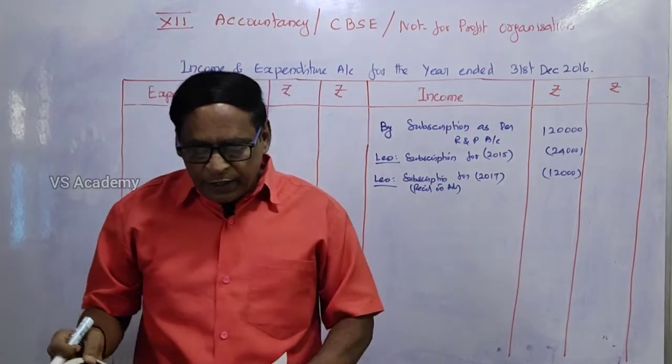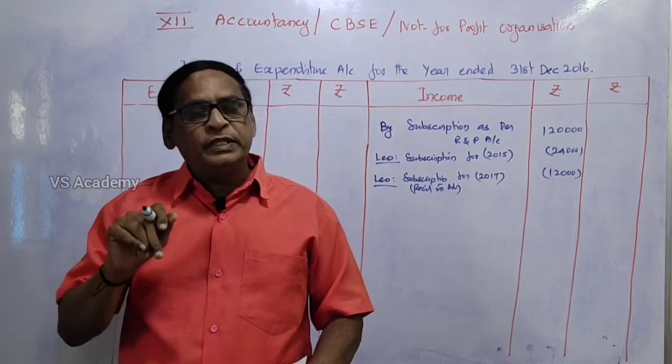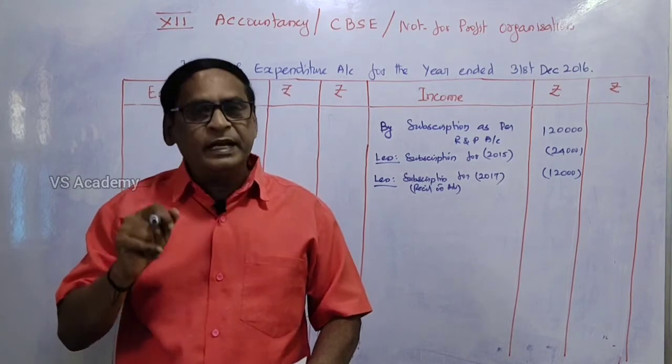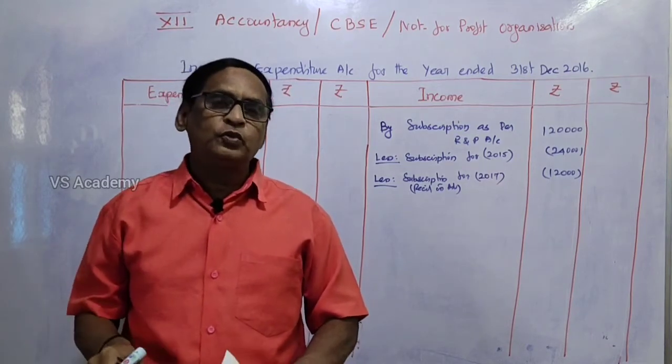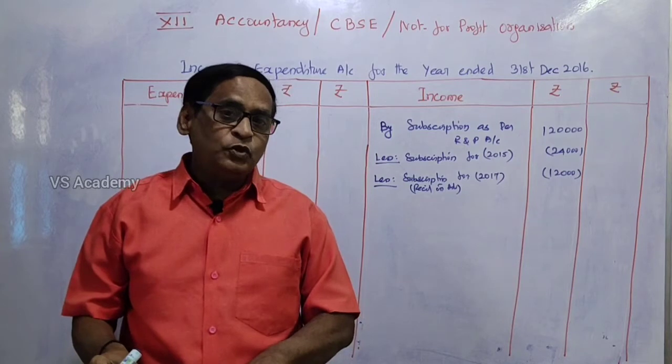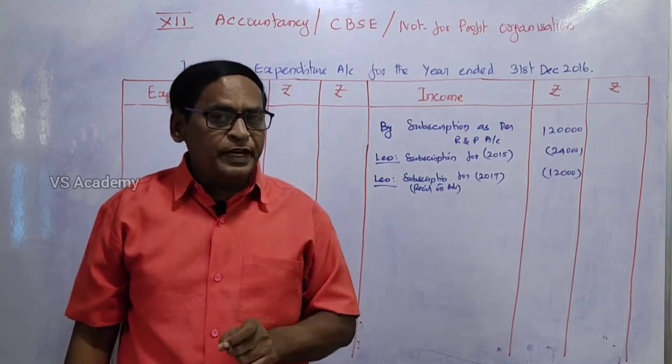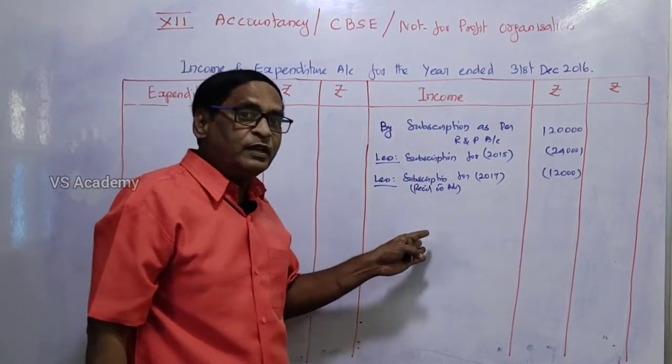And then one more item, subscription for 2016, for this current year, still in arrear, which is rupees 24,000. So we have not yet received so far. 24,000 rupees is pending. So we have to add, because it is for the current year.